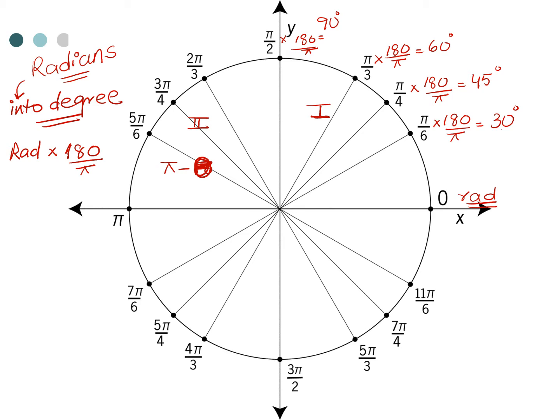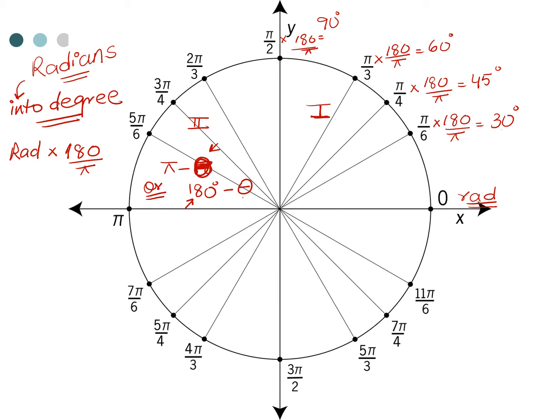Coming from the first to the second, we use the formula pi minus theta in radian form, or if we want to work in degree form, we can use 180 minus theta, with theta again in degrees. If you use pi, it means you have to write theta in radian form. If you use 180 degrees, then you have to write theta in degree form. Don't make the mistake of mixing them up when applying the formula.